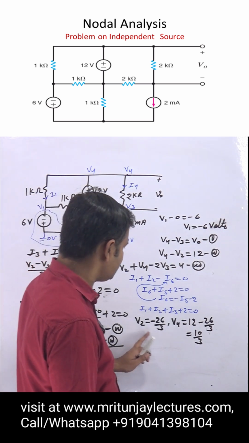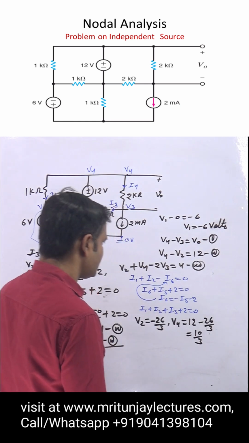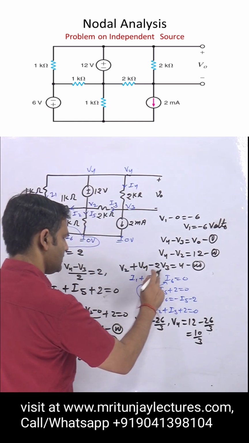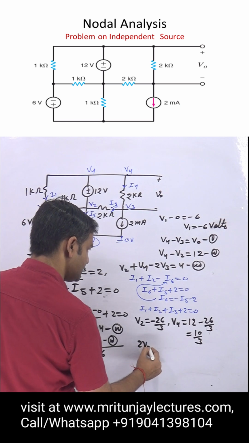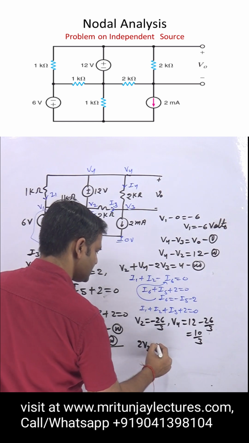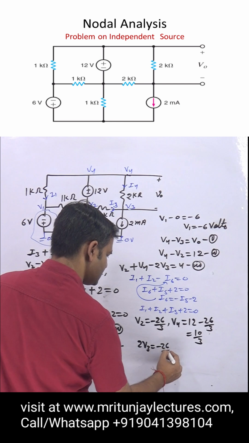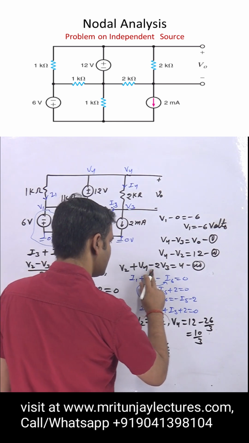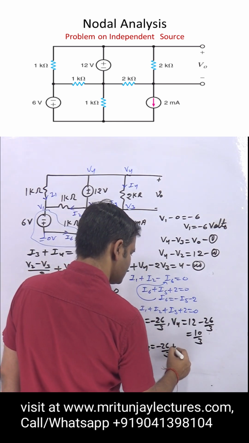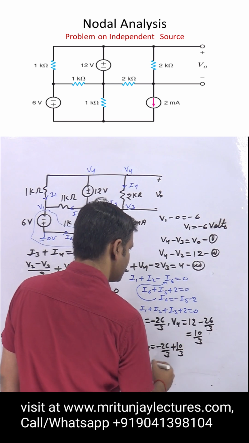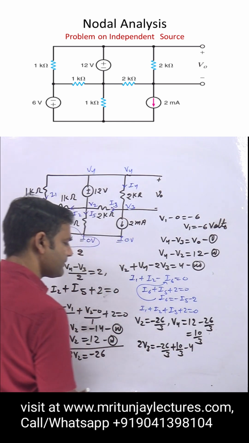If these two values are put here, then we get V3. 2V3 is written as V2 plus V4 minus 4, meaning minus 26 by 3 plus 10 by 3 minus 4.